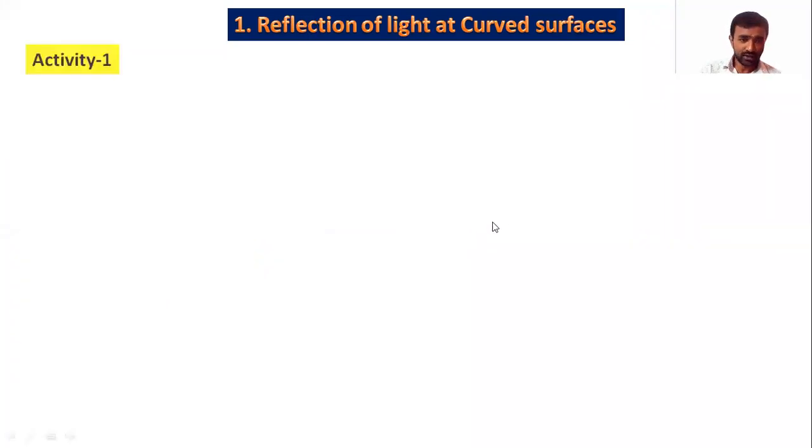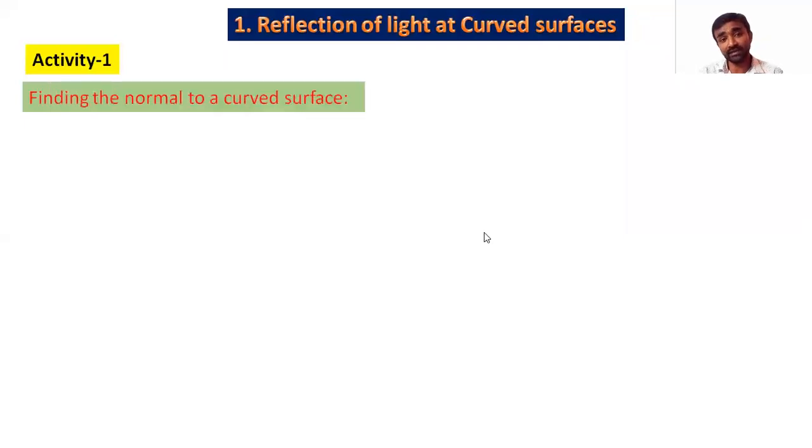Here, before going to that, we are discussing Activity 1, which helps us in finding the normal to a curved surface. If you have a textbook with you now, just open page number 2. You will see that, right? So that activity we are performing now.